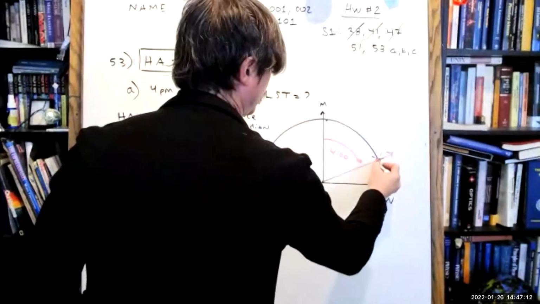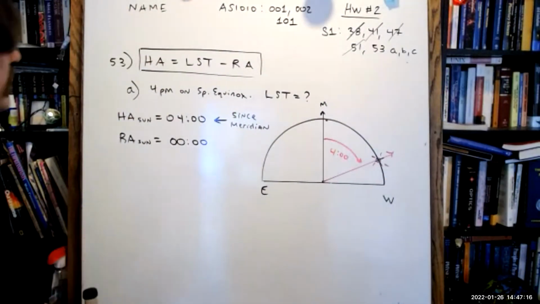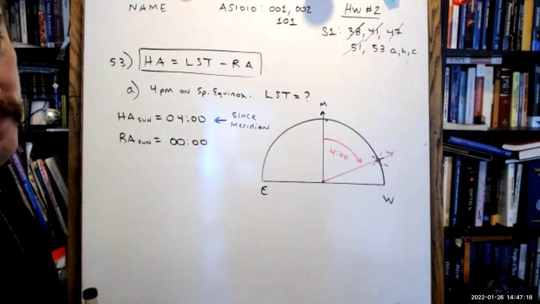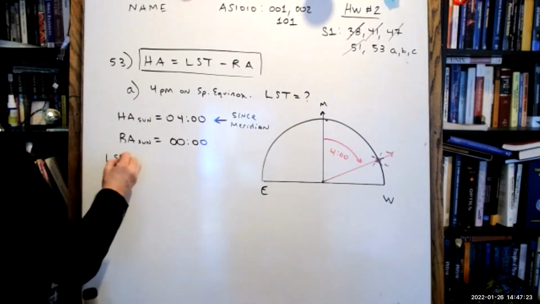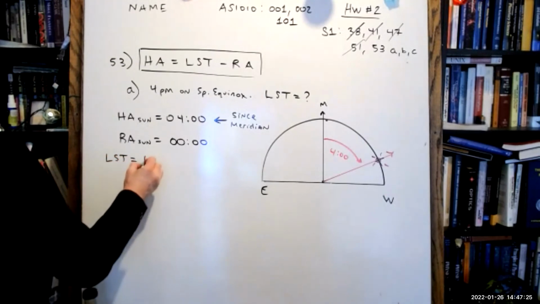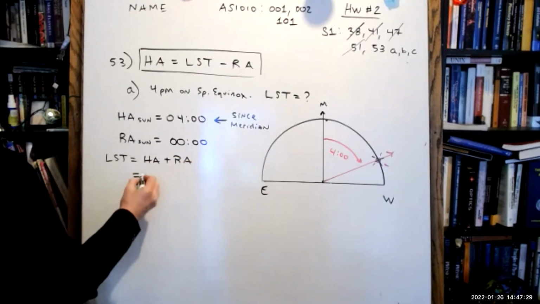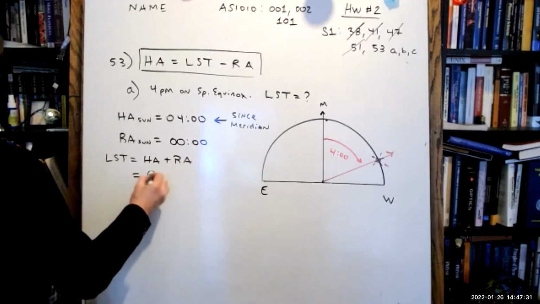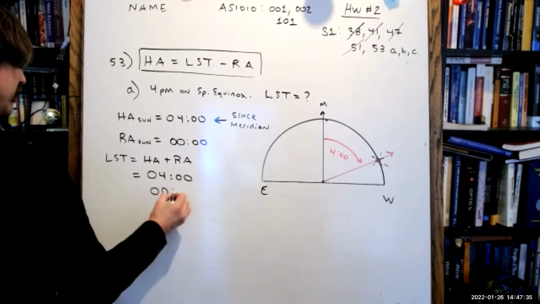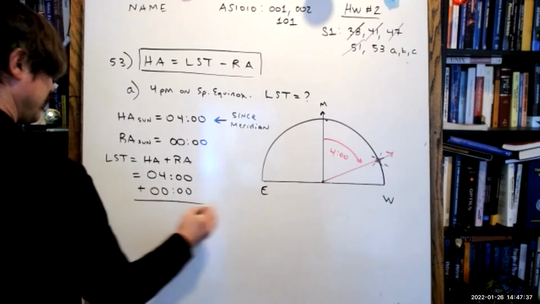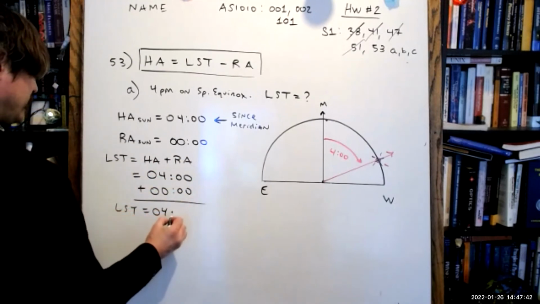That means the spring equinox is there. And the LST is the hour angle of the spring equinox. So it's the hour angle of the sun. In other words, LST is HA plus RA. The HA is 4 hours. The RA is 0 hours. So the LST is just 4 hours.